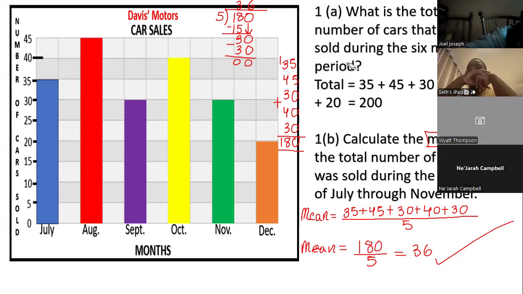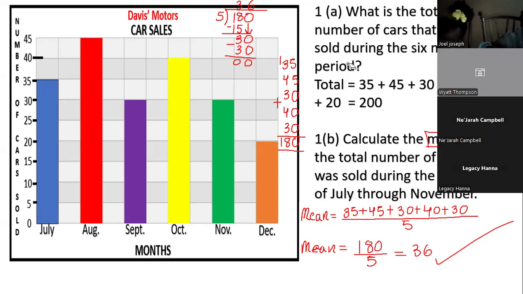Very good. And how do we get our answer? You add all of them together. Very good. We add all of them together. So you understand that part, right? Yes, sir. Good. Now read 1B. Calculate the mean for the total number of cars that were sold during the months of January to November. So how did we answer that?